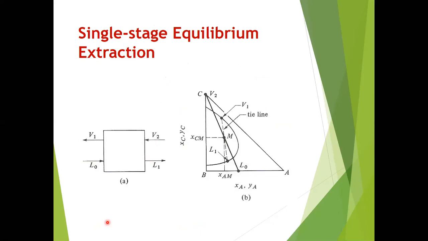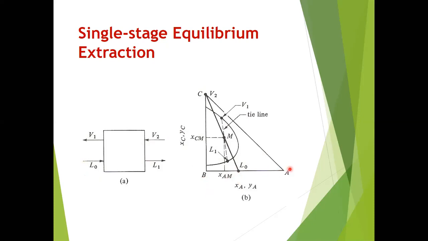Now, when we have this case wherein you have already the feed and the solvent being contacted so that the solvent gets to extract A from the feed, when you do it graphically, although this is not the main thrust of discussing this with you, you need to plot the feed right on the x-axis, just for your information.